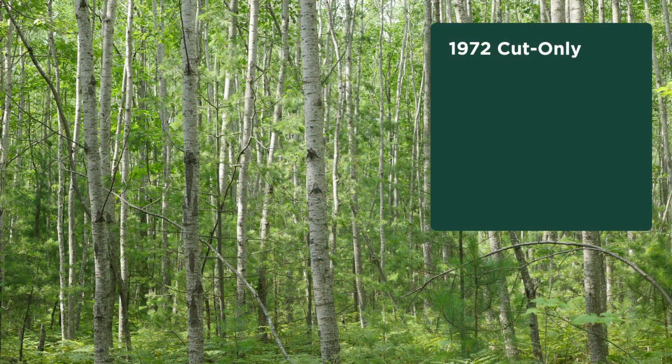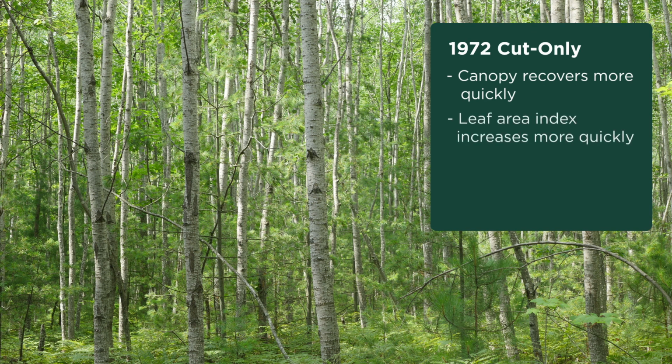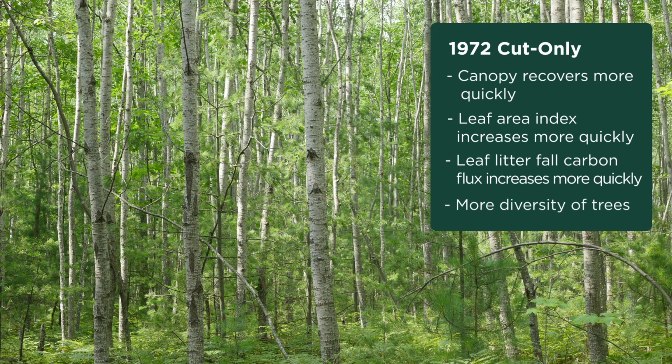One of our findings in terms of comparing these two chronosequences differing in disturbance history is that the canopy recovers more quickly from a cut-only disturbance. Leaf area index increases more abruptly, leaf litter fall carbon flux increases more abruptly, and the diversity of the tree community is greater after a cut only than after a cut and burn.